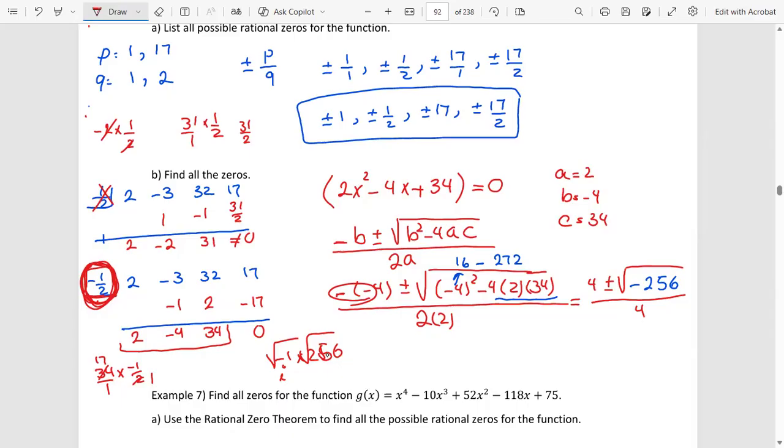So if I multiply 2 8 times, I will get 256. So instead of 256, I can put 2 to the 2nd power times 2 to the 2nd power, times 2 to the 2nd power times 2 to the 2nd power. And each of these powers will be cancelled by the radical. So 4 2's will be out. Or we can say the square root of 256 is 16. So the answer is 16i.